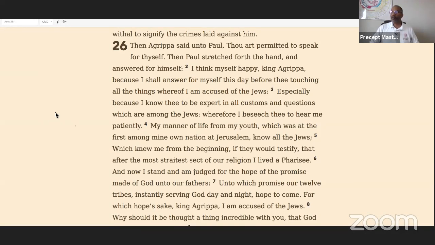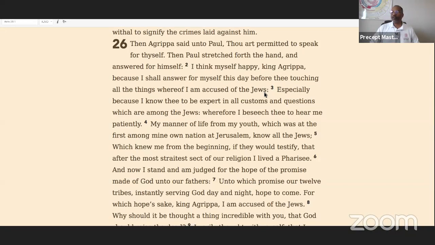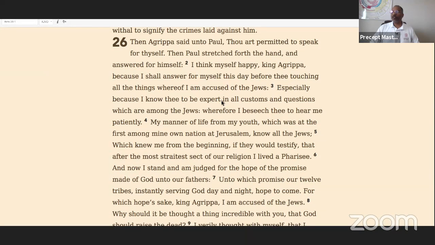Okay. So we know King Agrippa said unto Paul, "Thou art permitted to speak for thyself." Now we understand that part. Paul is able to speak for himself. Now he thanked King Agrippa, "because I shall answer for myself the day before thee touching all things whereof I am accused of the Jews, especially because I know thee to be expert in all customs and questions which are among the Jews."